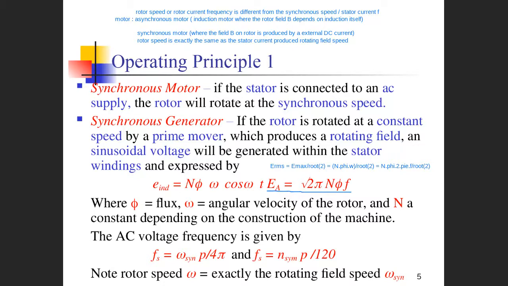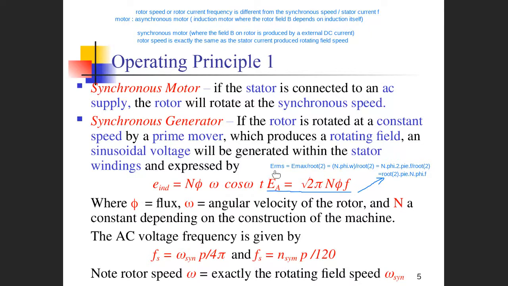Therefore, it equals root 2 times pi times the number of turns N and flux phi and f. That's it.